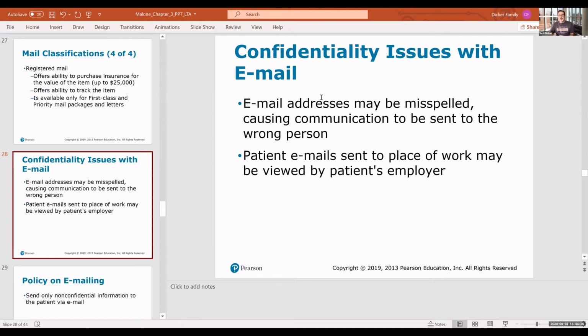Larger organizations like Kaiser, for instance, will send emails. A lot of times those are encrypted, so only the receiver can actually read the contents of the email. And usually those emails are no reply emails, or they allow you to reply one time.